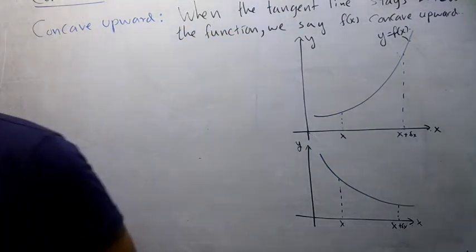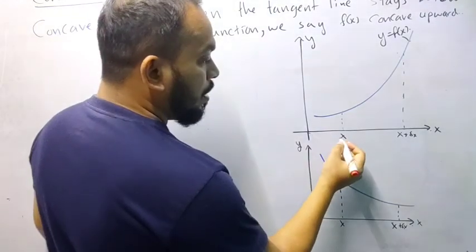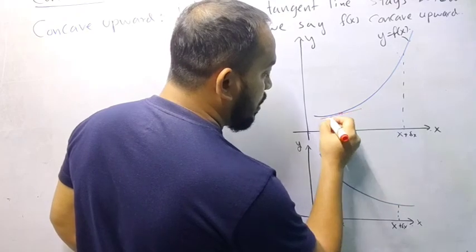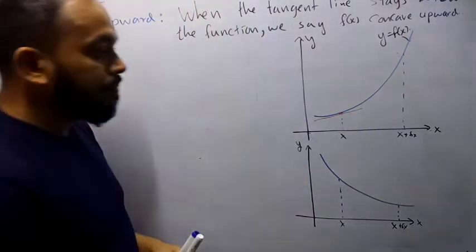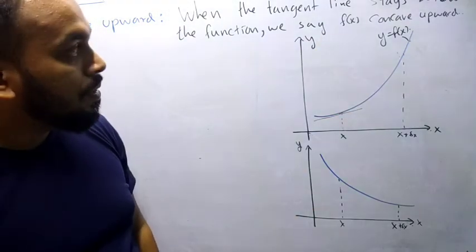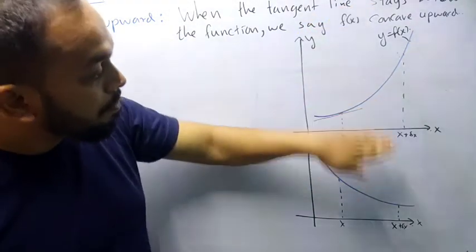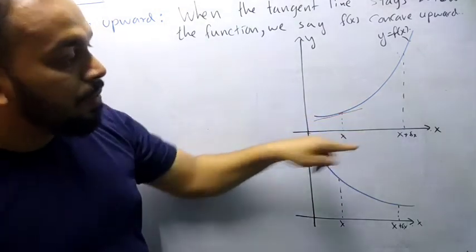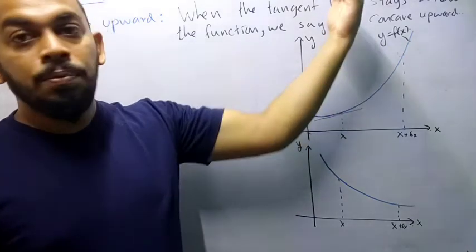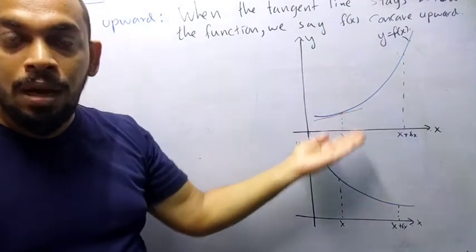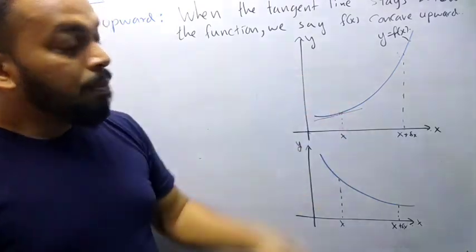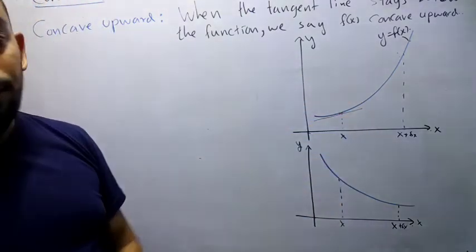If I draw a tangent line at any point, try this on your own, you can see our function stays above the tangent line, or the tangent line stays below the function, right? So in this case, we call it concave upward, because the function goes upward above the tangent line.